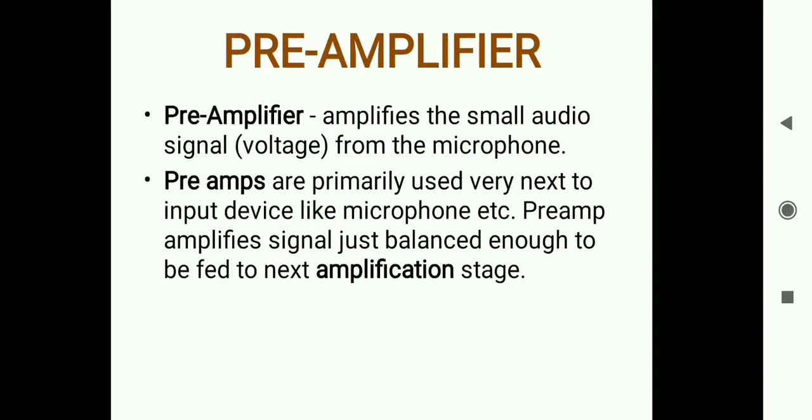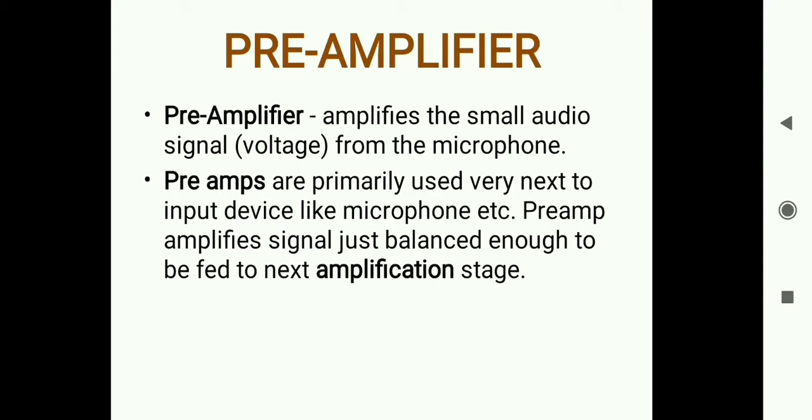The second stage of an audio amplifier is preamplifier. Microphone converts sound energy into electrical signal, and the sound energy is the energy possessed by the vibration of air molecules. That vibration is converted into electrical signal by microphone, and that electrical signal is very weak in magnitude.